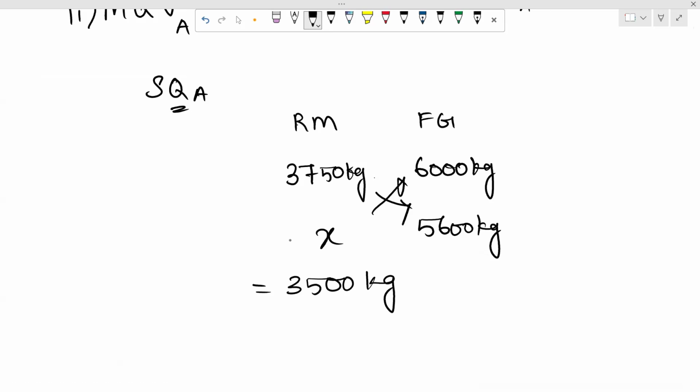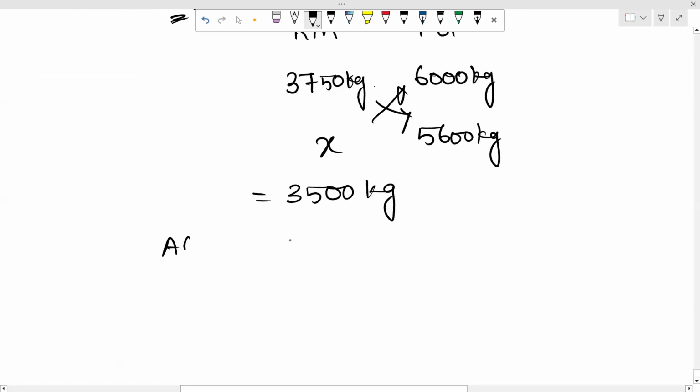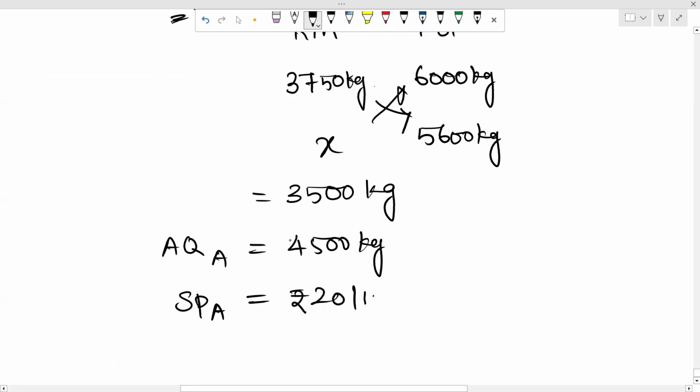This is nothing but standard input for actual output, right? But did we actually consume 3,500 kg of raw material A? No, we actually consumed 4,500 kg of raw material A to produce 5,600 kg of finished goods. And standard price of A is directly given in the question. It is rupees 20 per kg.